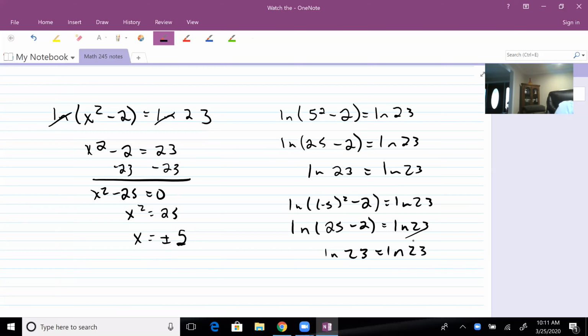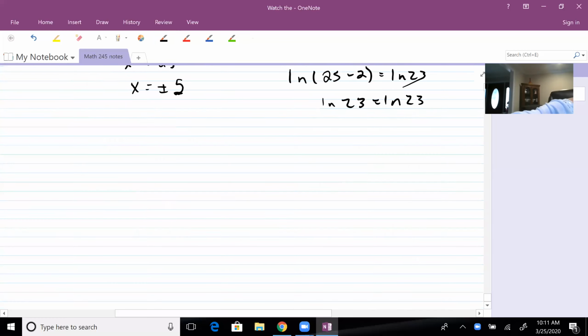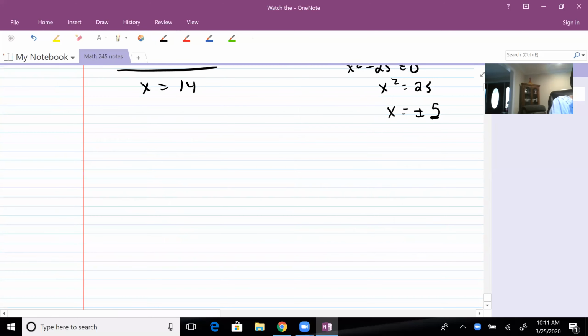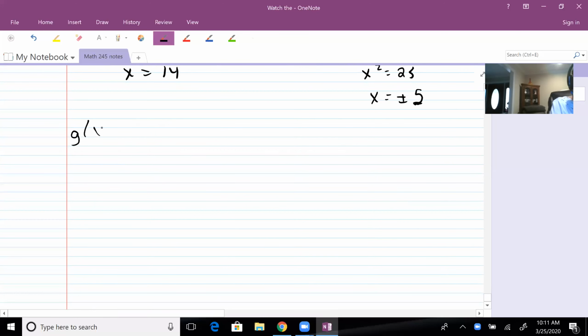So I do want to go back and look at the domain and some asymptotes when it comes to these graphs. We'll do the log and the natural log of these. So let's go back to this equation. Let's say we have g of x is equal to log base 6 of x.